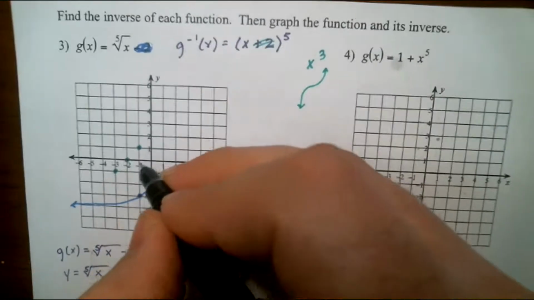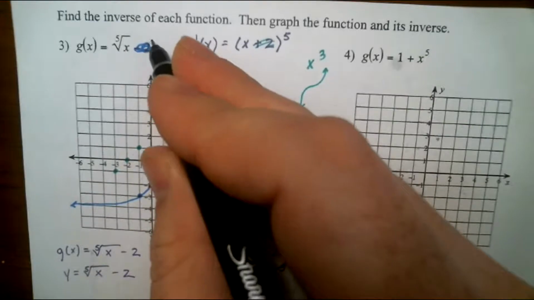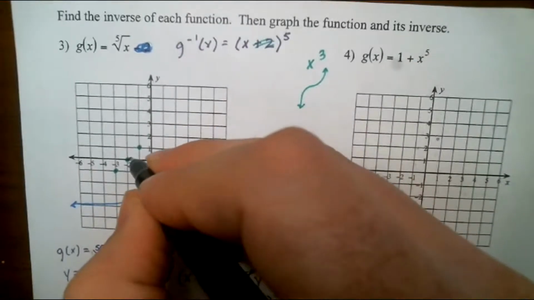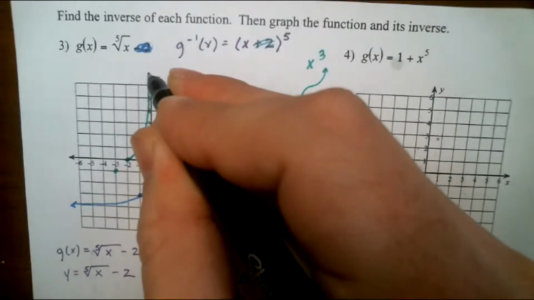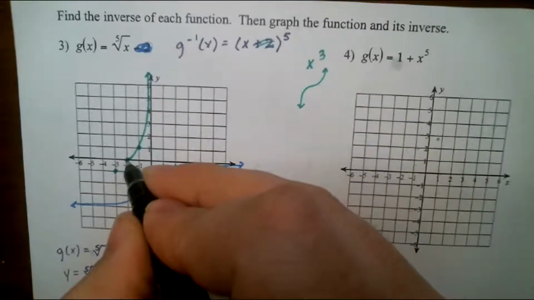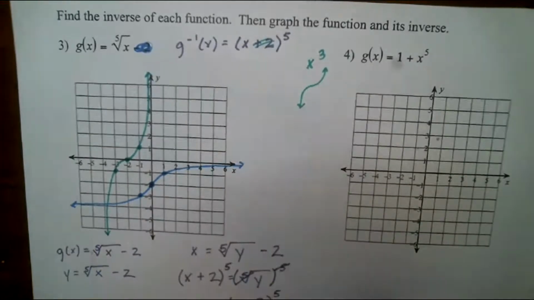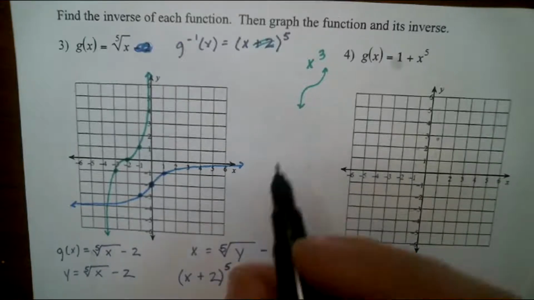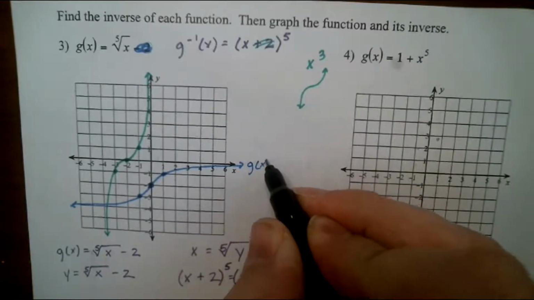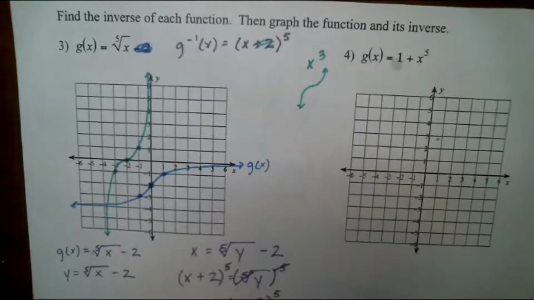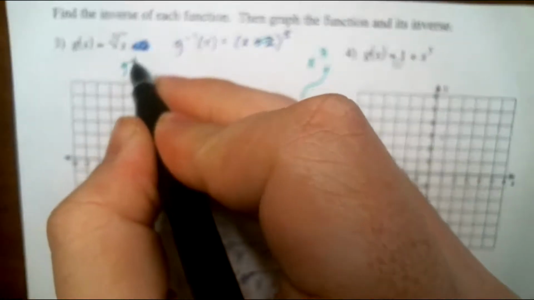So you'd have to go right 2 and all the way up to 32. So it's doing this right here, guys. It's increasing, increasing, increasing like that. Same thing here. It's going down and increasing really fast to get down there to the 32. So I have this as g of x, and I have this as g inverse of x.